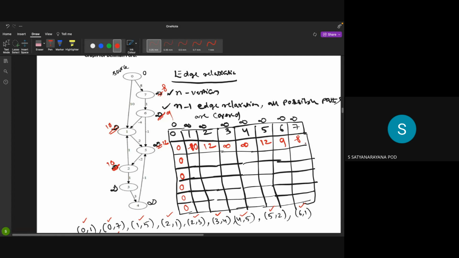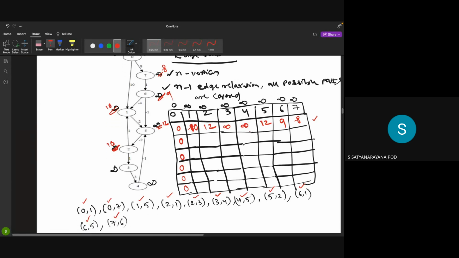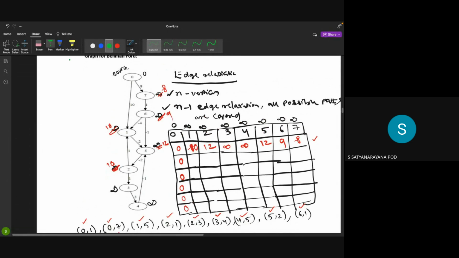This is one phase of edge relaxation done. This way, you need to check another phase. So another time we are running, and we are changing the color once more. Again we try to do it. Again 0 to 1 we are checking. What is my 0 to 1? It is as it is, no? Is there any change?